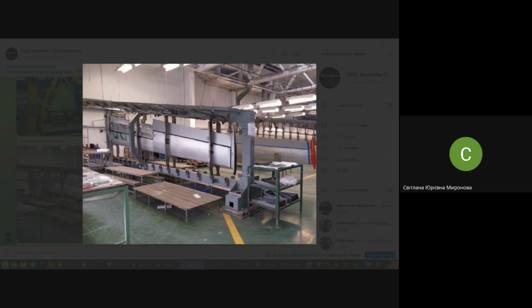The problem is that in the English language there is no other word for this frame, let it be. In our language, we call it rama, and the frame in aircraft is called spangout. We have two different languages, Ukrainian and Russian, but in both languages it sounds the same: rama and spangout.